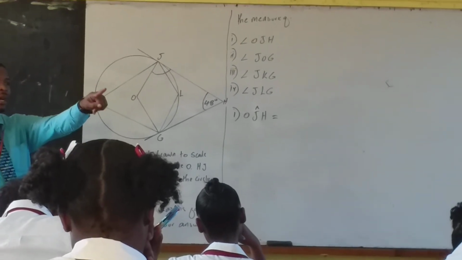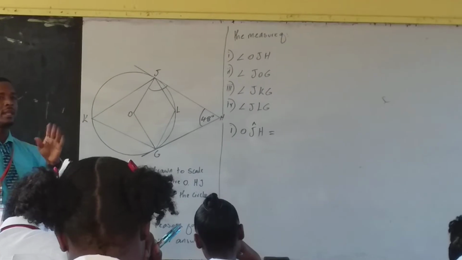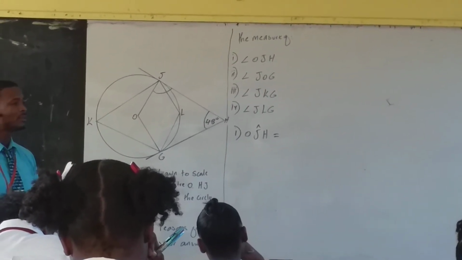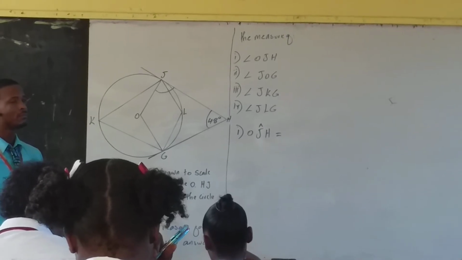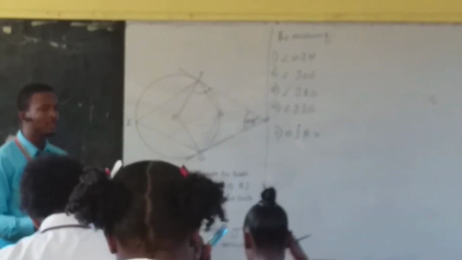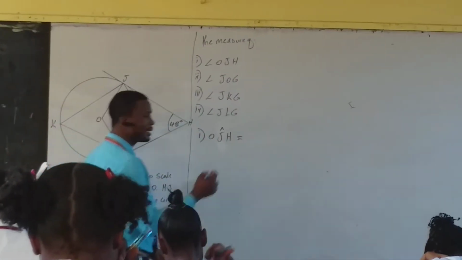It is formed between a radius and a tangent. And when an angle is formed between a radius and a tangent, what is that angle equal to? Right angle, 90.